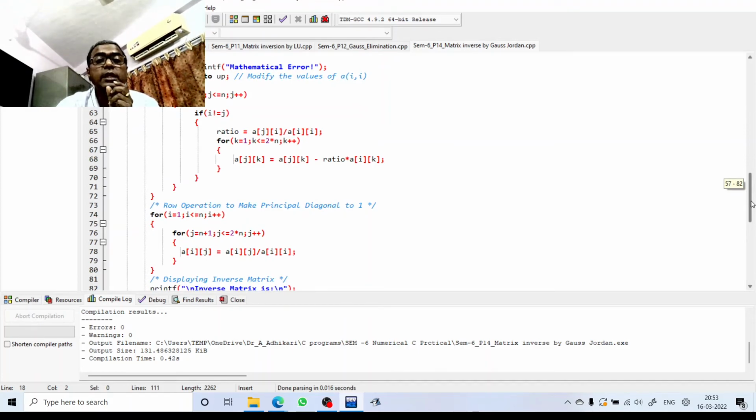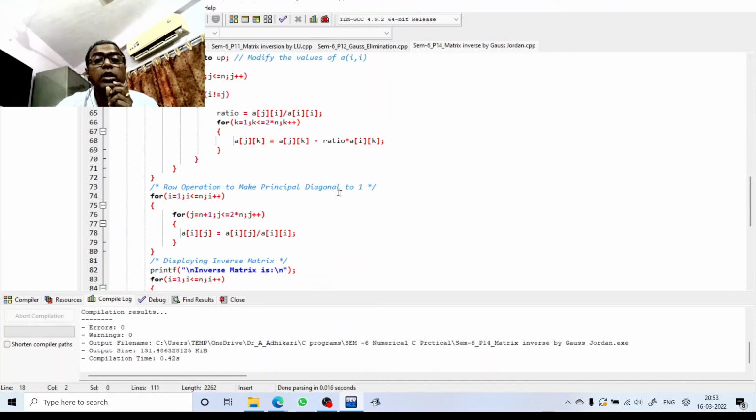And row operations make the principal diagonal 1. Here we find the inverse matrix, because this is a square matrix. So for this square matrix, we want the principal diagonal elements a11, a22, a33 to be all 1 by this operation, and then displaying the inverse matrix.